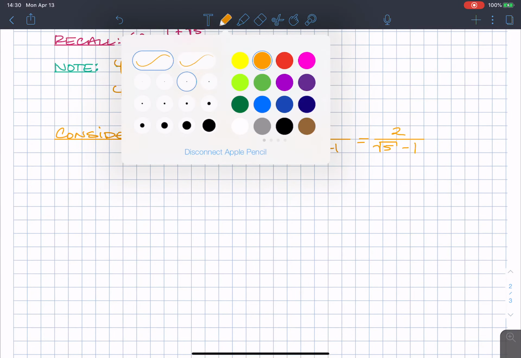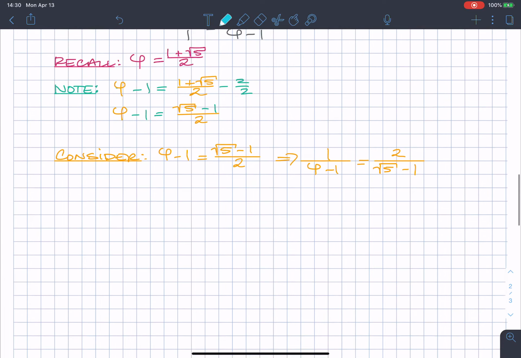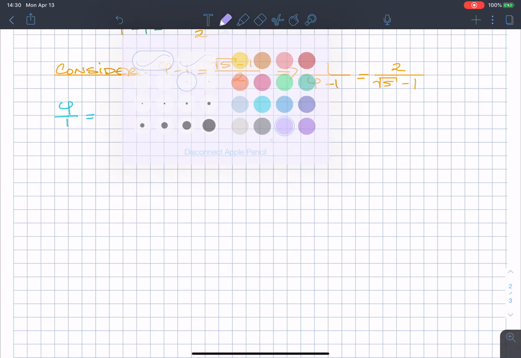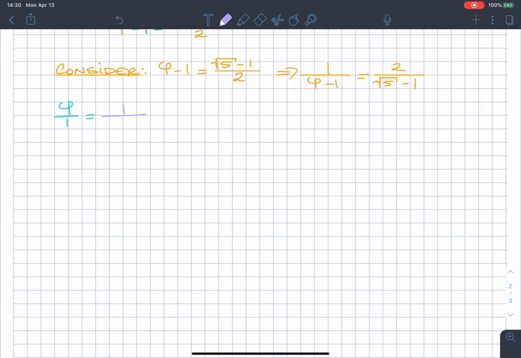Okay, so now let's get started with the proof, finally. So I need to show that phi over 1, phi divided by 1, is equal to 1 divided by phi minus 1.